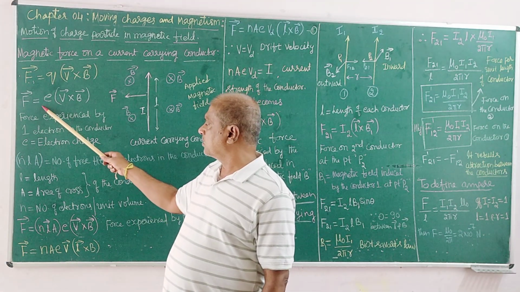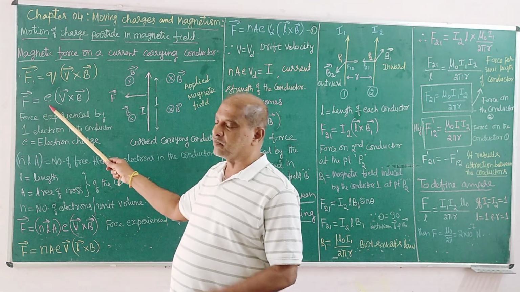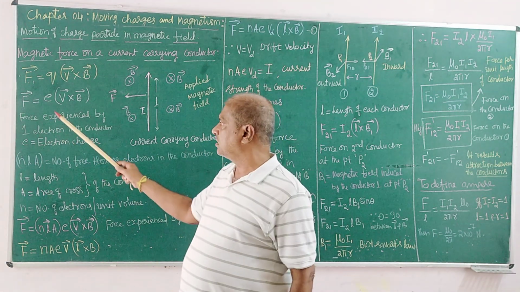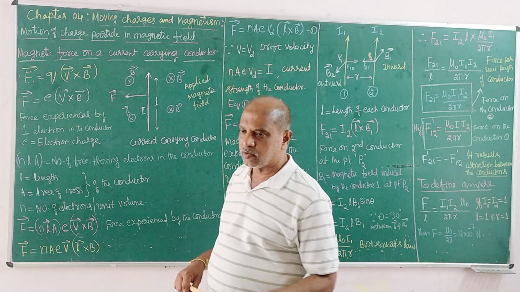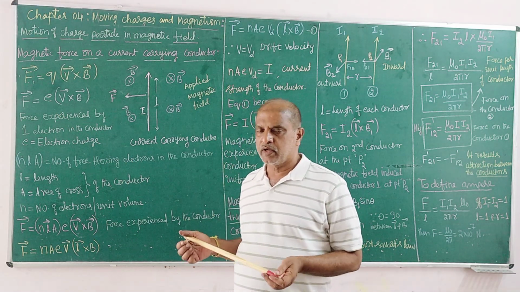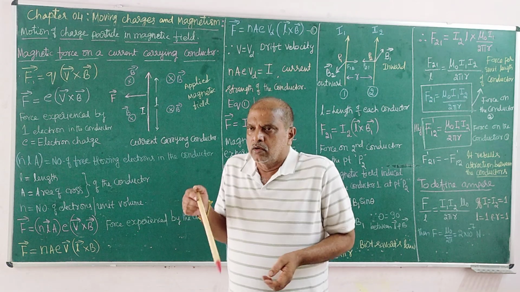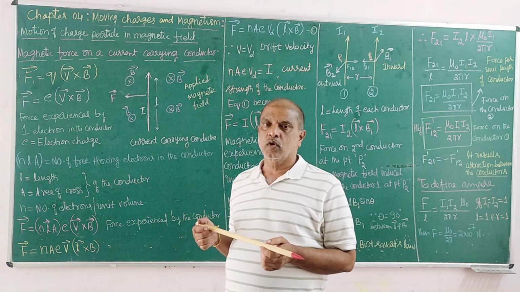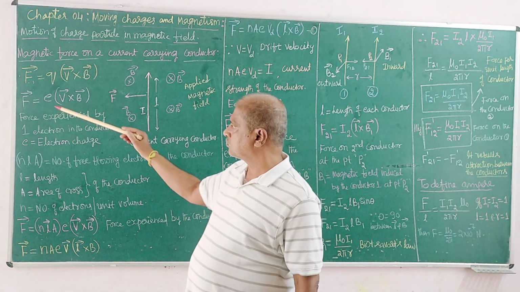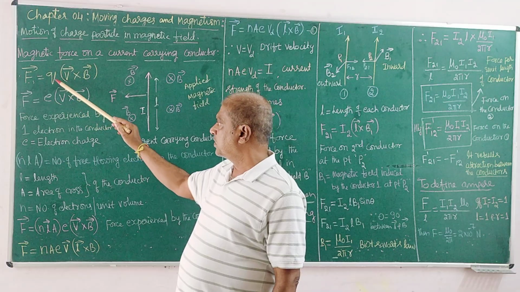If the particle is an electron, the charge is e, and we know the magnitude of e. It is 1.6 times 10 to the power of minus 19 coulomb. Replace q by this.